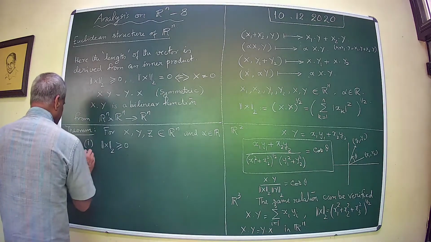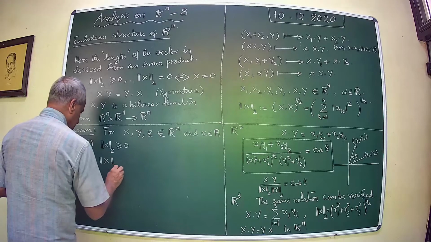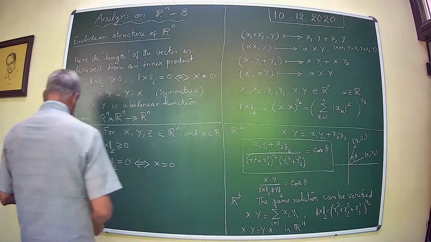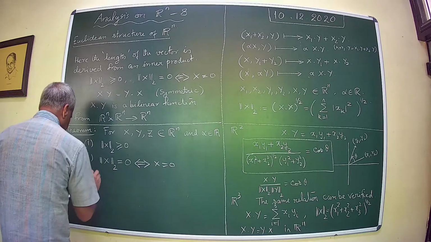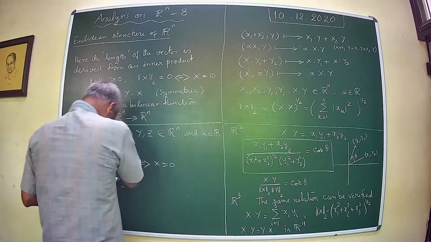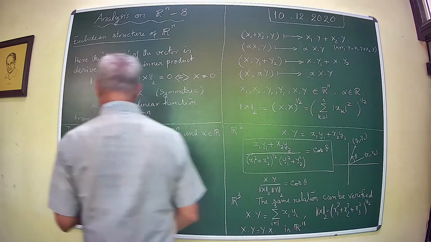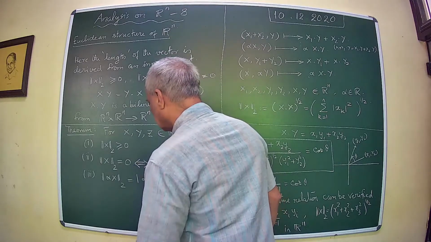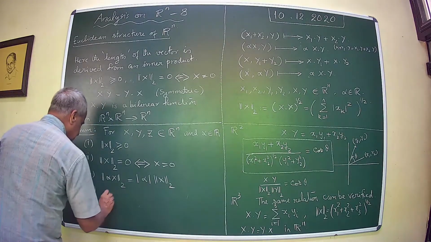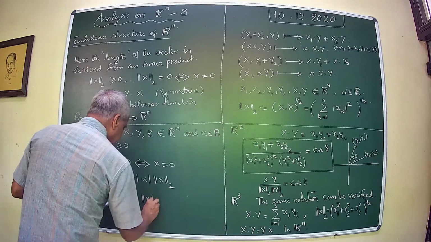The second property is equal to 0. The third property is norm of alpha x equals, and then we have the fourth property, the absolute value of x dot y is less than or equal to norm of x times norm of y.